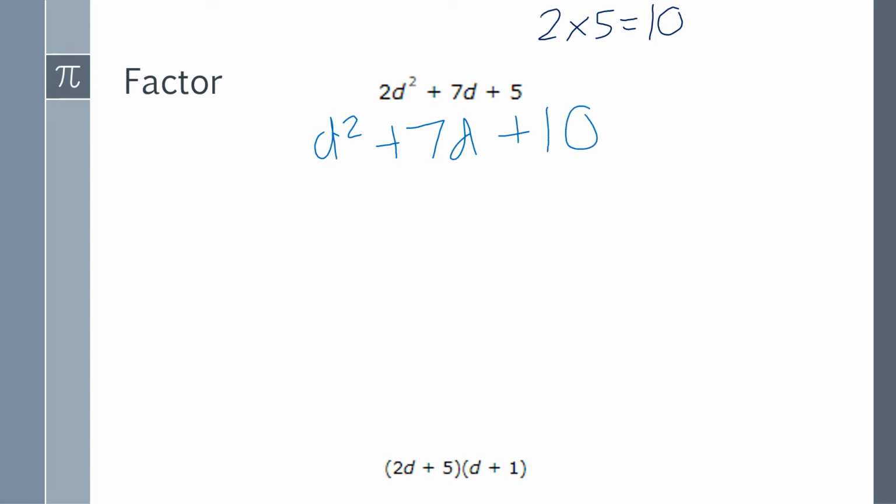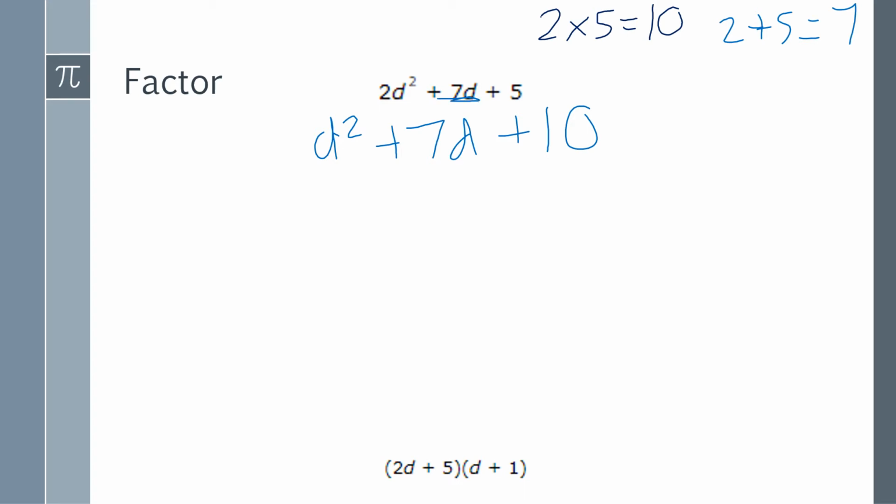You do your rewrite. Now, from there, ask yourself a question. What two numbers give me 10, which we already did, 2 and 5, because 2 plus 5 also gives me 7. Always be worried about that middle term here.